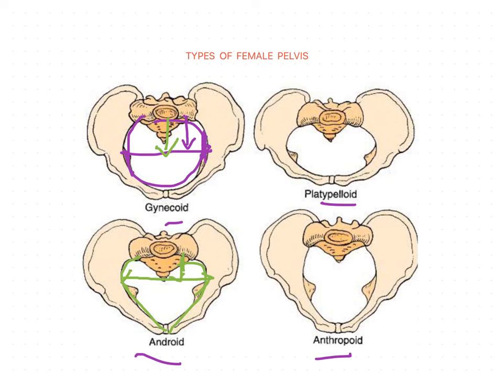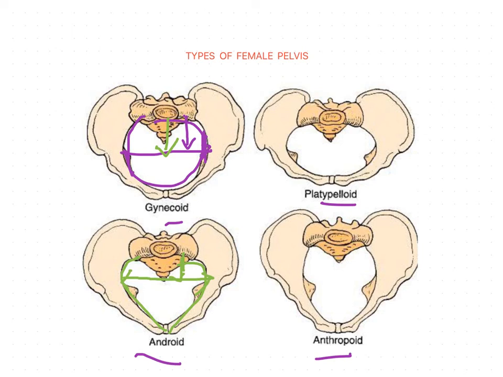The subpubic angle and greater sciatic notches are narrower, so the cavity is funnel shaped and the outlet is reduced in all diameters.